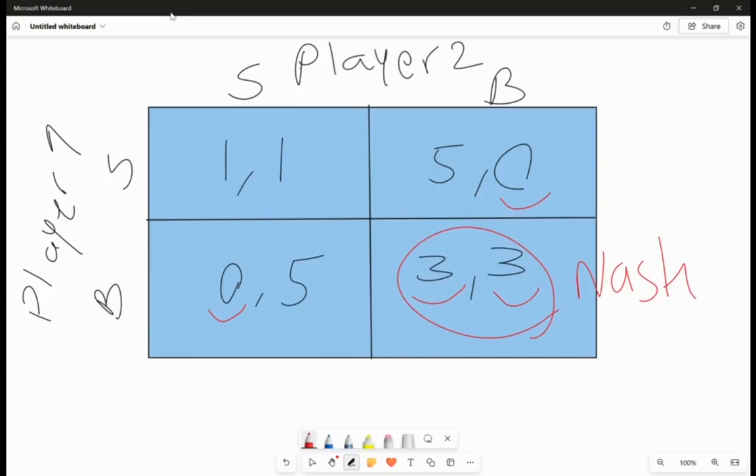So when you solve a game, when you find the Nash equilibrium of a game, what you do first is see if any player has a dominant strategy. Because if a player has a dominant strategy, they would play it regardless of what the other player is going to play, right?